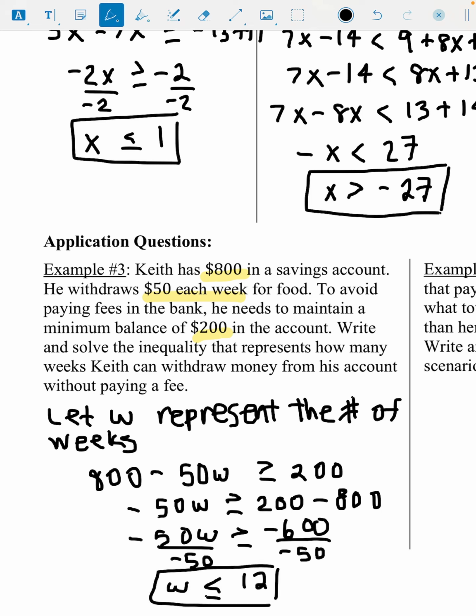So don't forget to write a concluding or therefore statement that answers the question. So the question is asking us how many weeks can Keith withdraw money from his account without paying a fee.